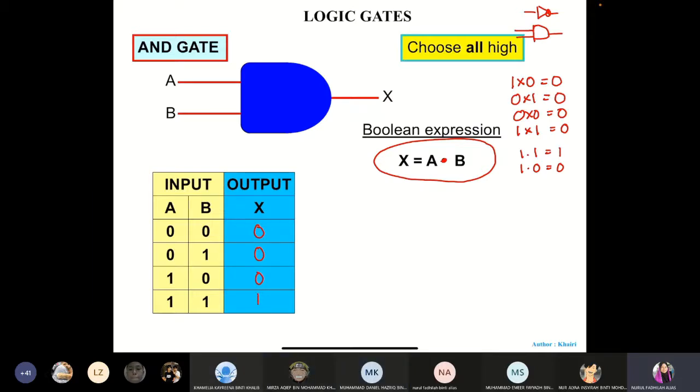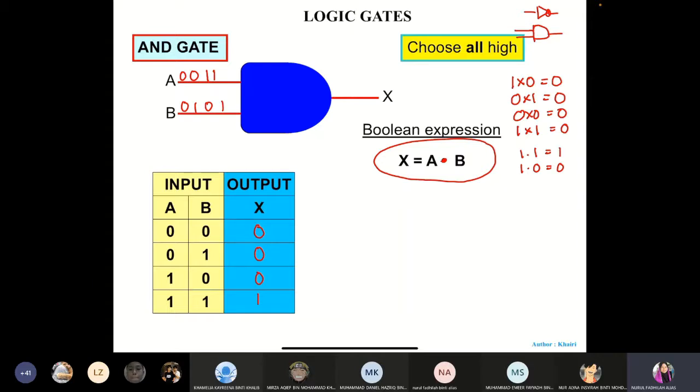Okay, so sometimes in a question, if I give the input as 0011 and this one 0101, then if the question asks you to draw the truth table, you just draw the truth table. But if you are just told about the input and not asked to draw the truth table, then you don't need to draw it.